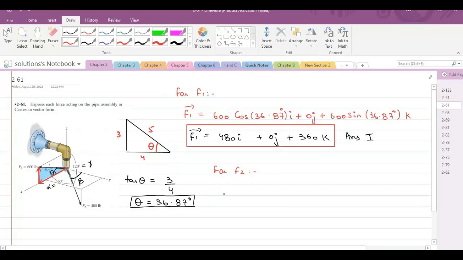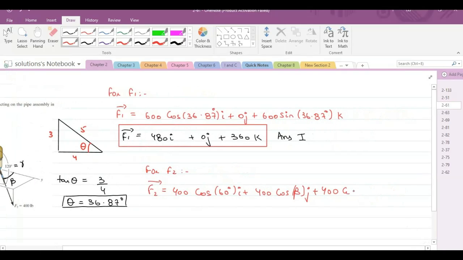So the F2 force in terms of Cartesian vector form becomes 400 cos alpha, and alpha is 60 degrees, plus 400 cos beta, plus 400 cos gamma, and gamma is 120 degrees.